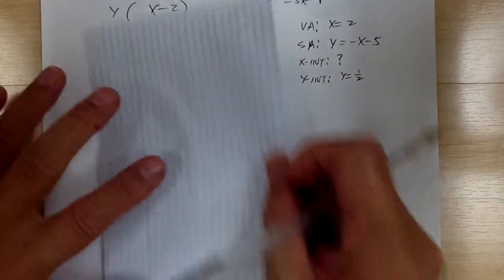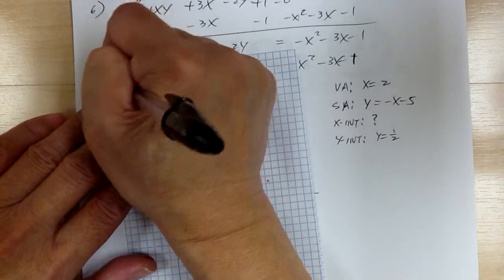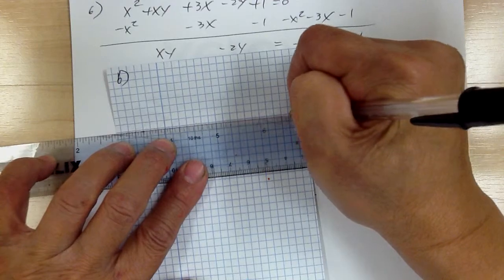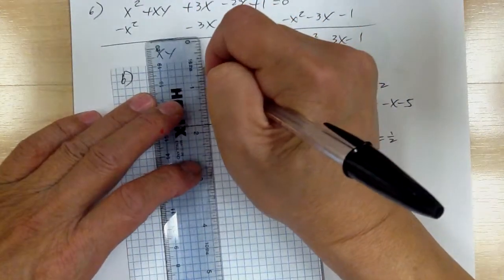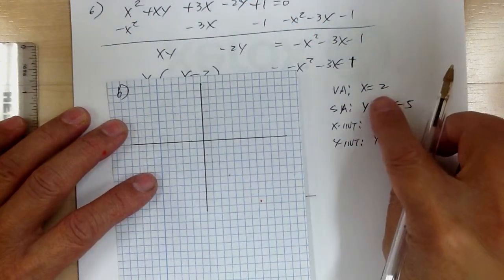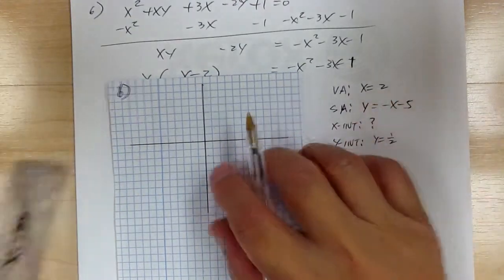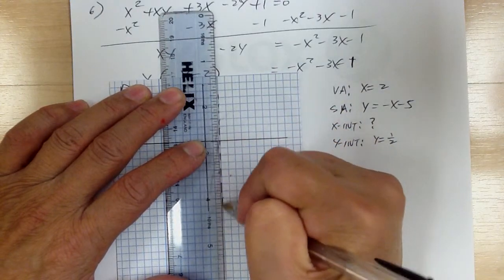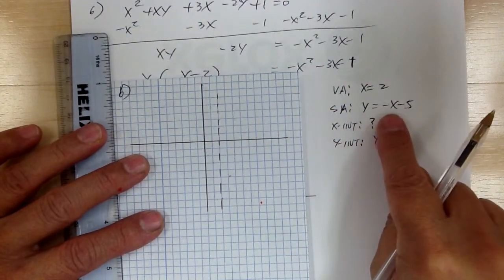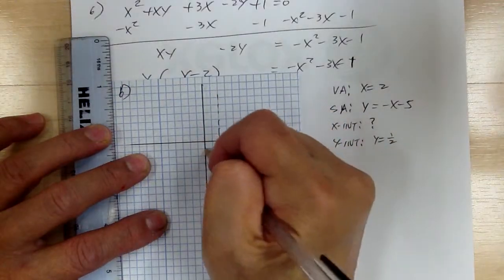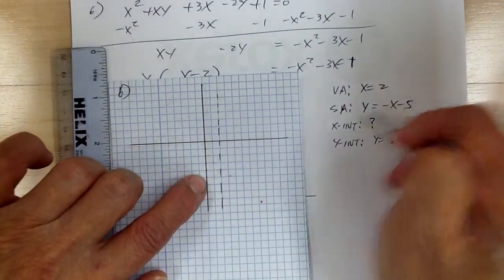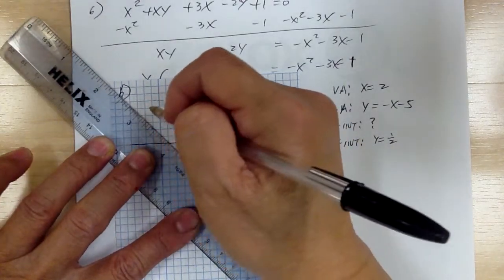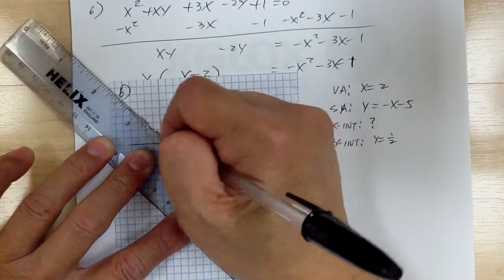Okay, so let's go to number 6. x equal to 2 is your vertical asymptote. The slant asymptote is negative x minus 5, so 1, 2, 3, 4, 5, that's your intercept, and then negative 1 over 1, so that's your slant asymptote.